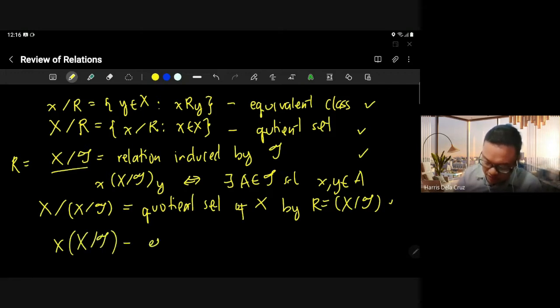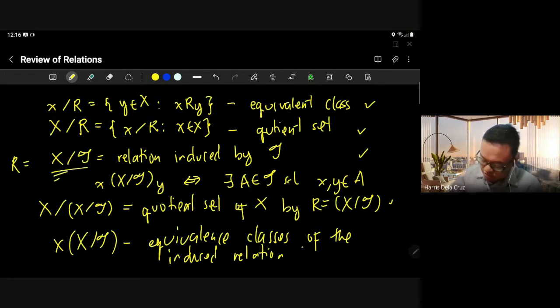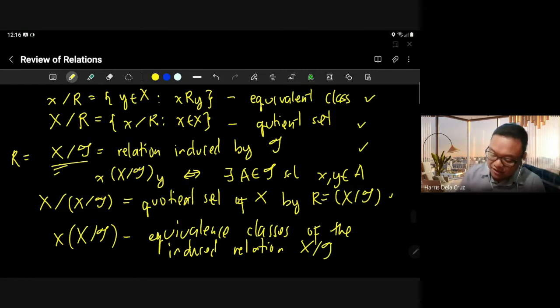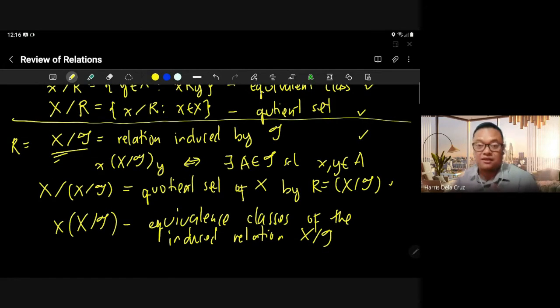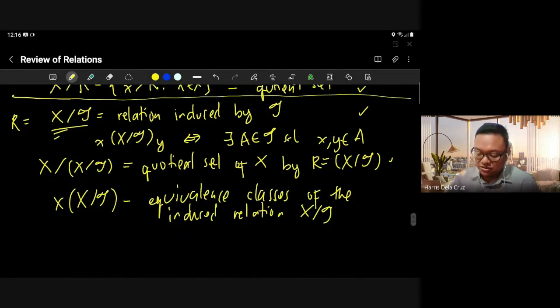Ito yung equivalence relation or equivalence classes of the induced relation. Ano yung induced relation? Ito yung induced relation. Yan. So it's different, these three are different relations different to this. So meron ka munang partition dito.